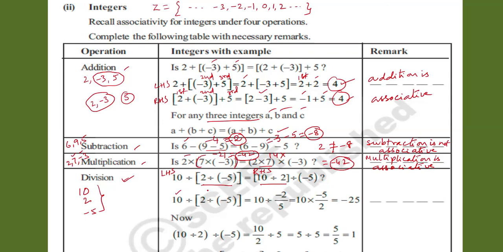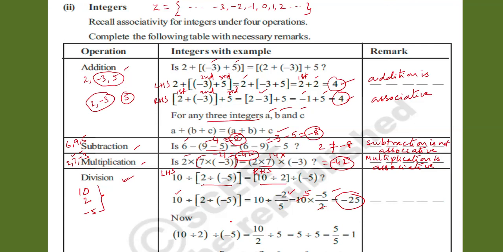Here 10 is written as usual. 2 divided by minus 5 is minus 2 by 5. Then 10 into the reciprocal of minus 2 by 5, which is minus 5 by 2. Then 2 fives are 10, 5 into 5, 25. Plus into minus, minus 25. In the left hand side part, the value we got is minus 25.